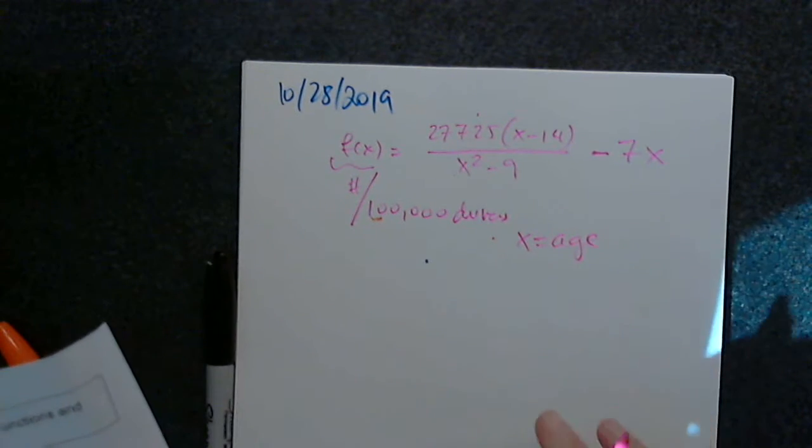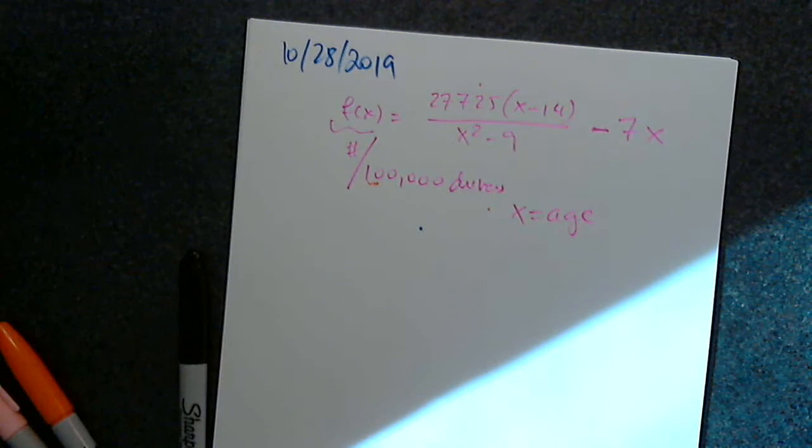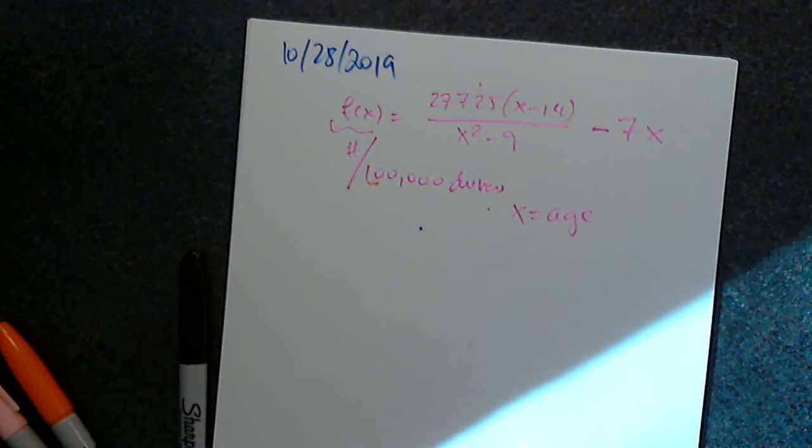X is age. So when I read a word problem, I always read and take notes, and then come back and make sure that I didn't forget anything.